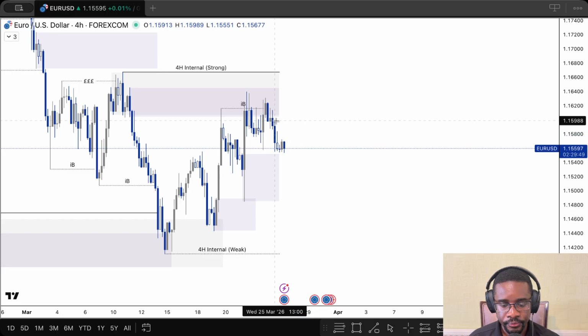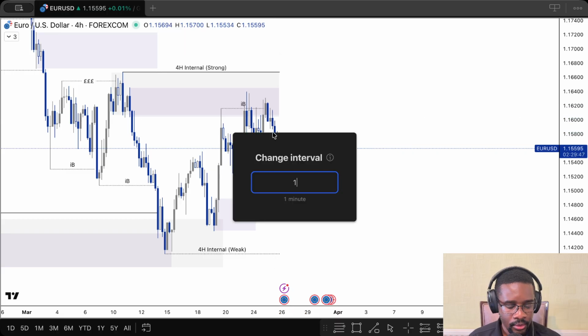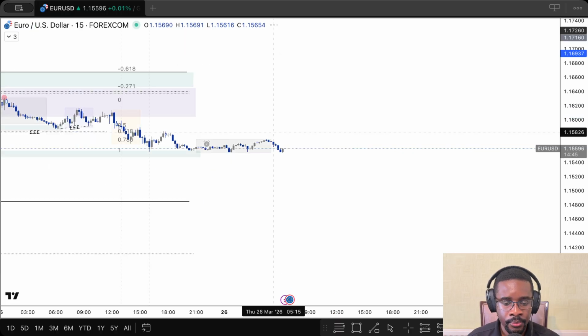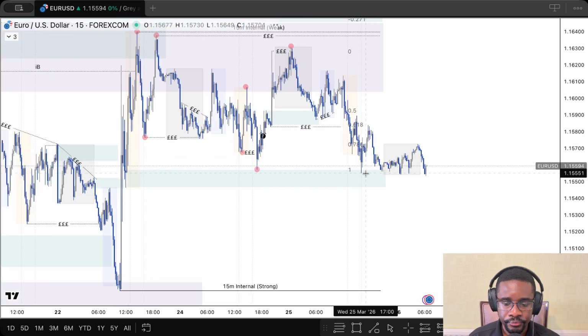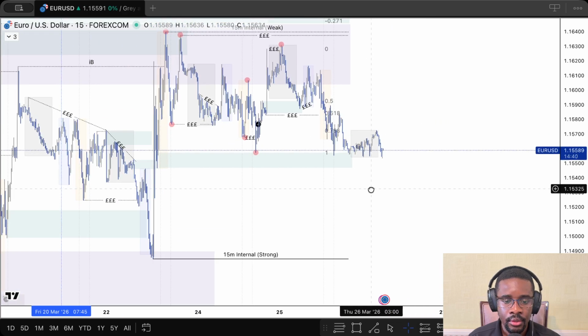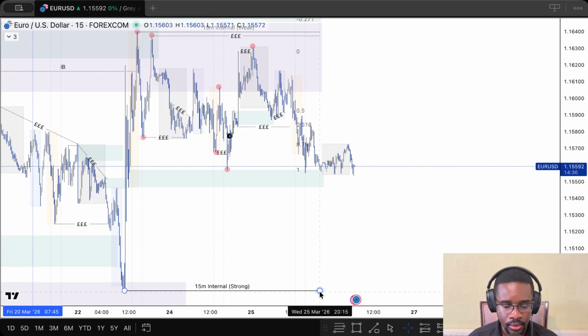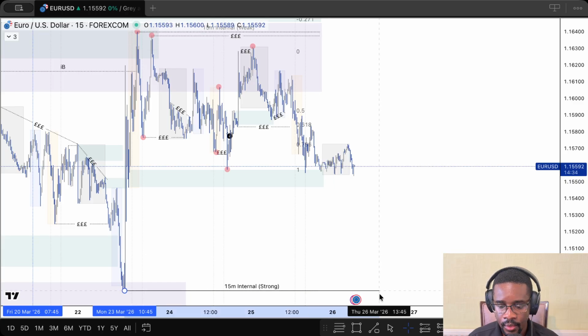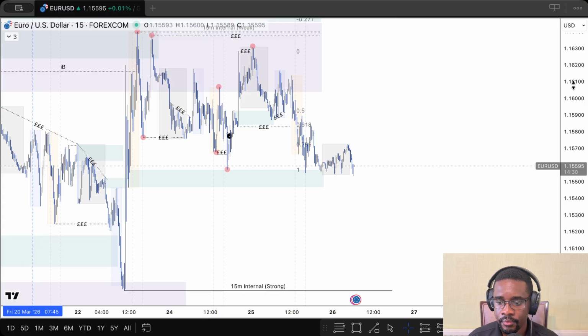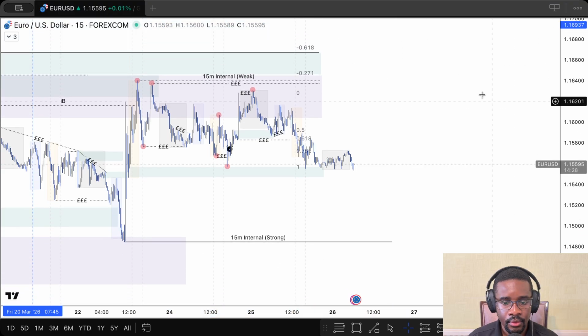Yesterday, if we look at the 15-minute, price wasn't playing real nice. Let me just mark out my swing ranges.